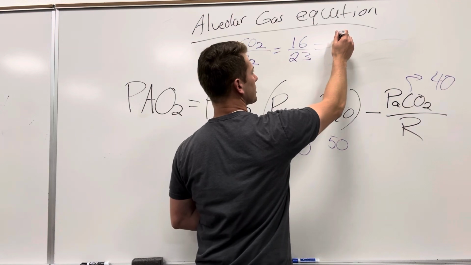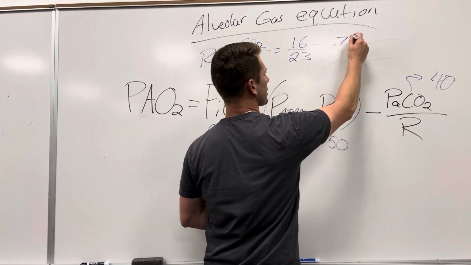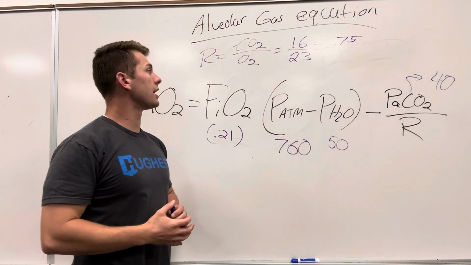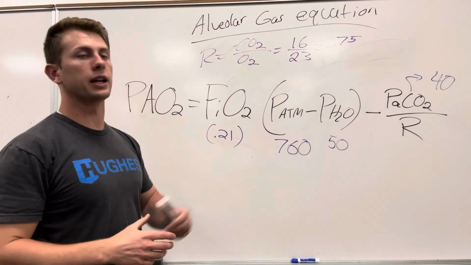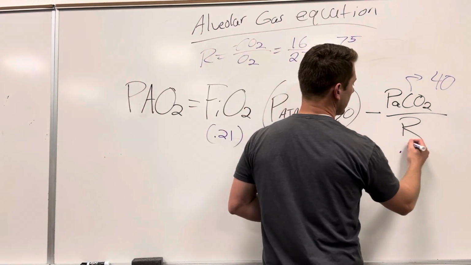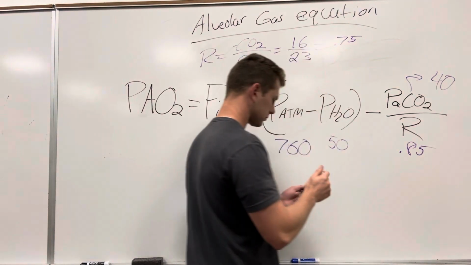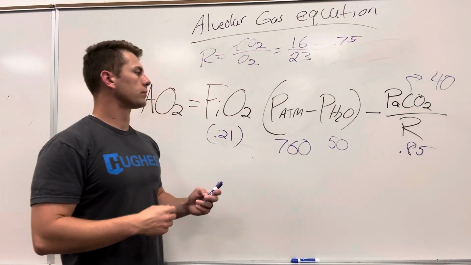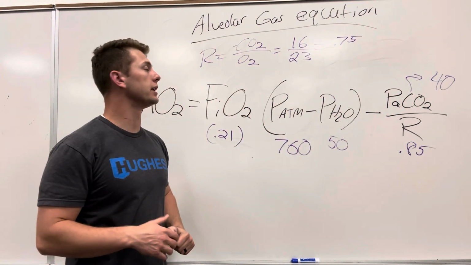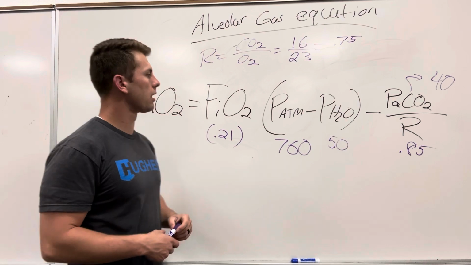And so the ratio is like 0.7. We also have proteins that we metabolize. R in a healthy person, we've determined, is 0.85. So we use up a little more oxygen than we get out CO2.